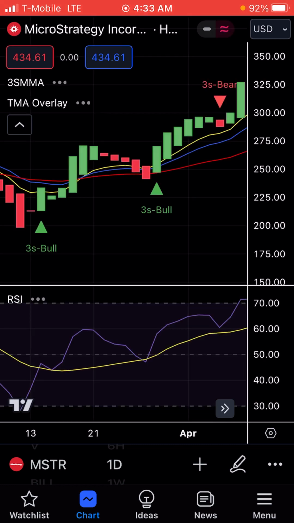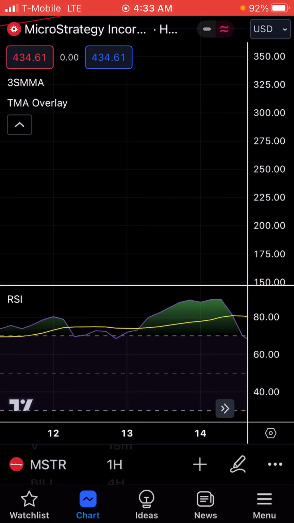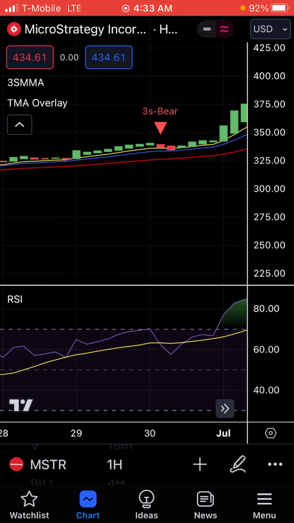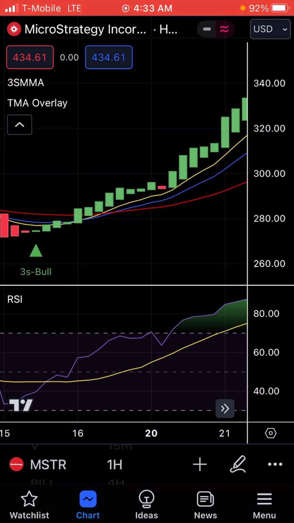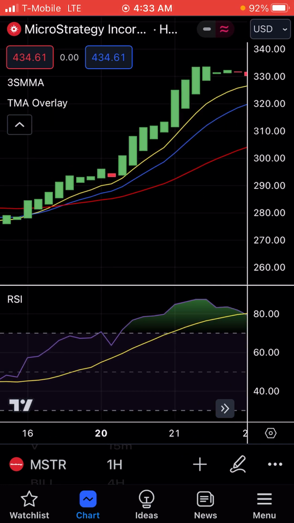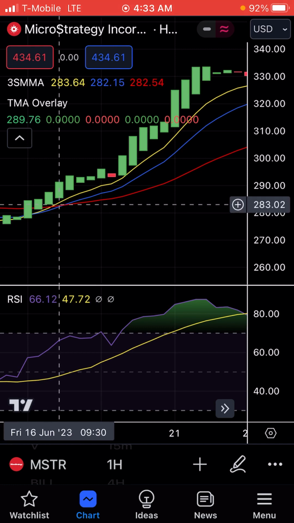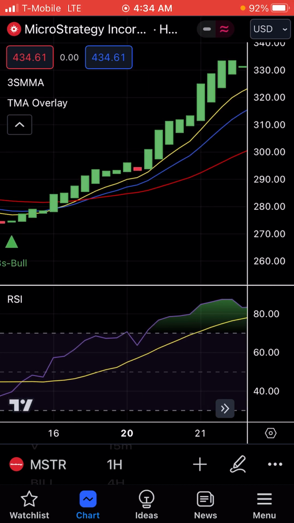Let's look at it on the hour and see how this works on the hour. Let's just go back a bit. And you see the same rules apply for everything else, but I would not do this on the 1 or 5 minute. It's just not worth it in my opinion. Okay, so you see that the moving averages here are collapsed. And you see this in the RSI too. You see the signal with the TMA overlay.